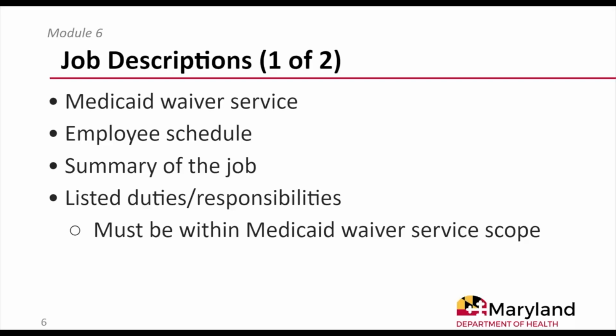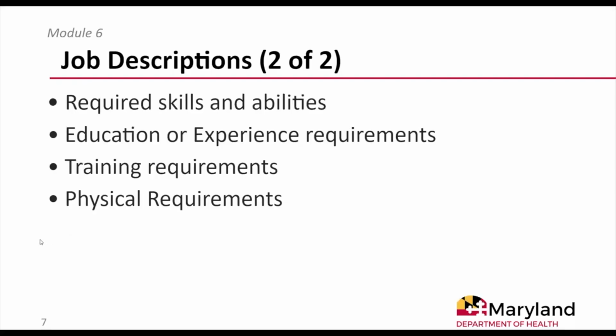Job descriptions can include the Medicaid waiver service the employee will provide, the employee's work schedule, a summary of the job that is performed, a list of duties and responsibilities of the job, within the scope of the Medicaid waiver service. Job descriptions can also include any required skills and abilities, education or experience requirements, training requirements, and physical requirements.